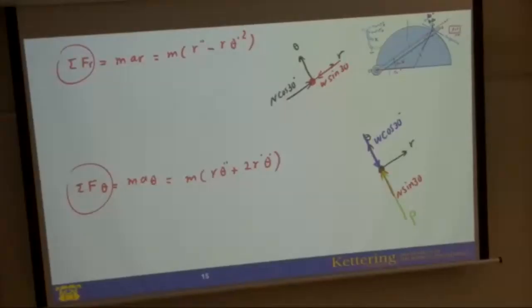Now, left-hand side, it is N cosine 30, it is in positive direction, minus W sine 30, it is in negative direction of the R, equal to mass times R double dot minus R theta dot square.